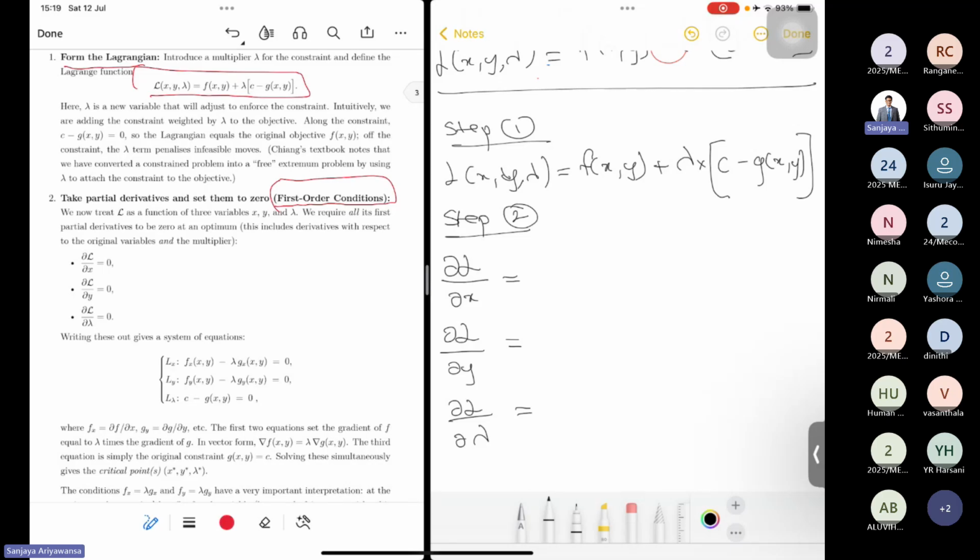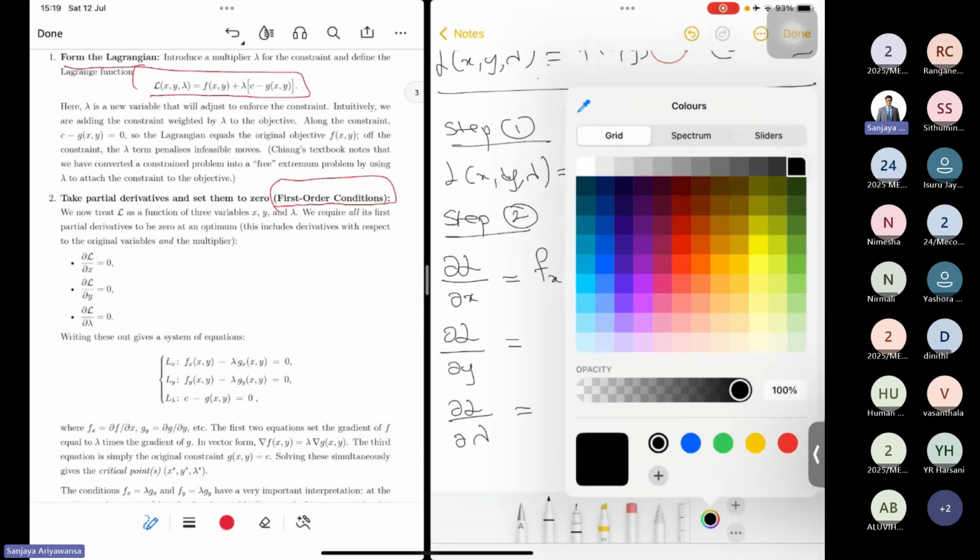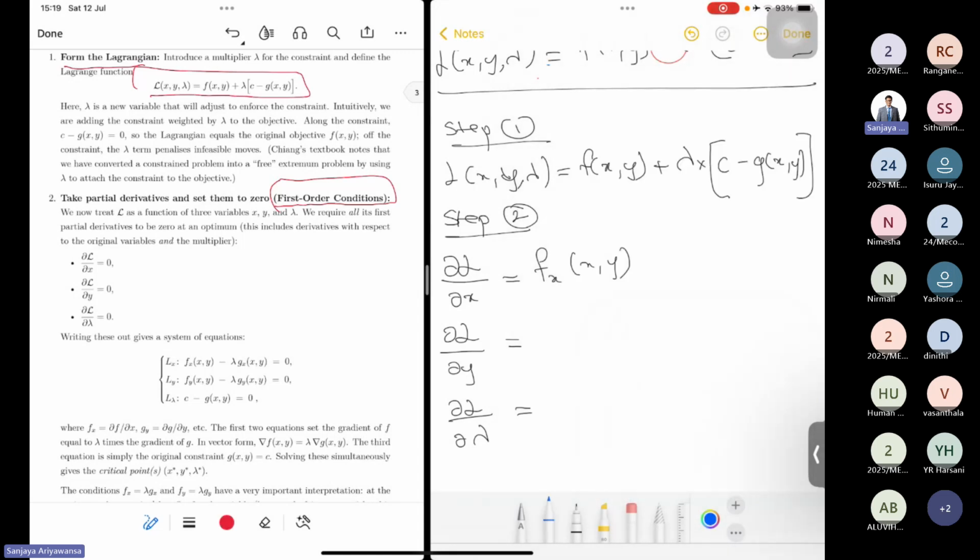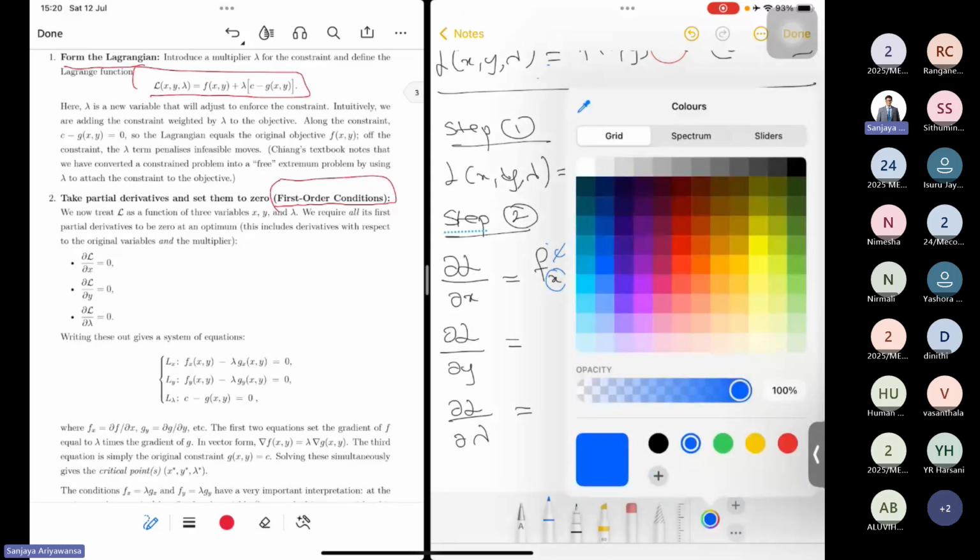So let's look at the first one. Partially differentiating your Lagrangian function with respect to x, you partially differentiate your objective function. That's what this symbol means. When I say this over here, what this means is I'm partially differentiating the function f with respect to x, all right?